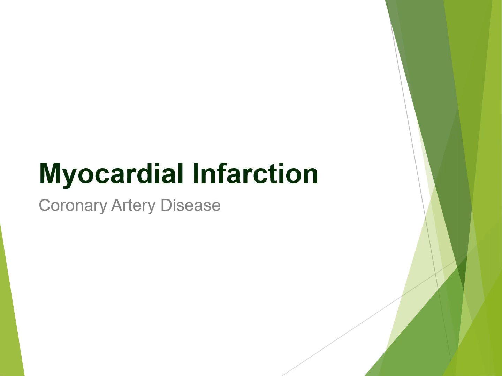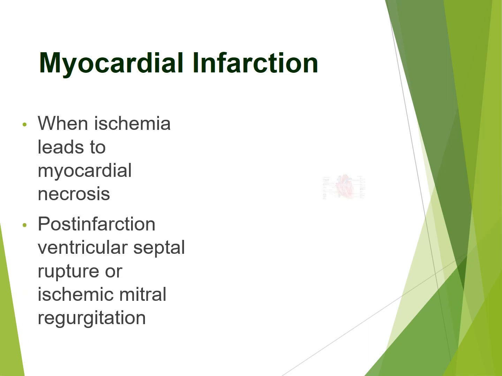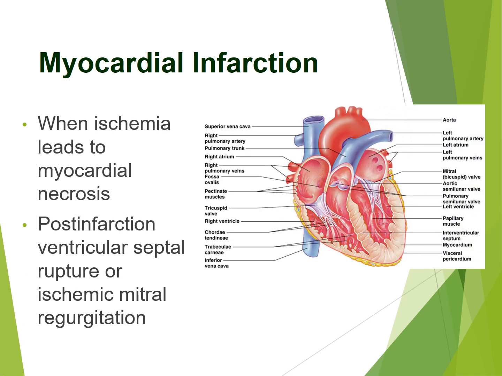Another manifestation of coronary artery disease is myocardial infarction. Myocardial infarction happens when ischemia leads to myocardial necrosis. The clinical manifestation can be as severe as to cause ventricular septal rupture. This is the septum and a defect may result from myocardial infarction here.